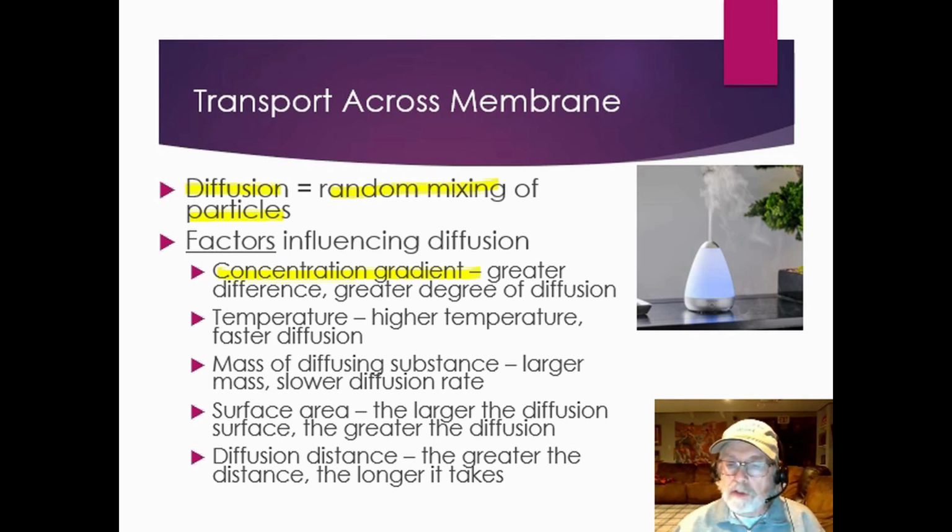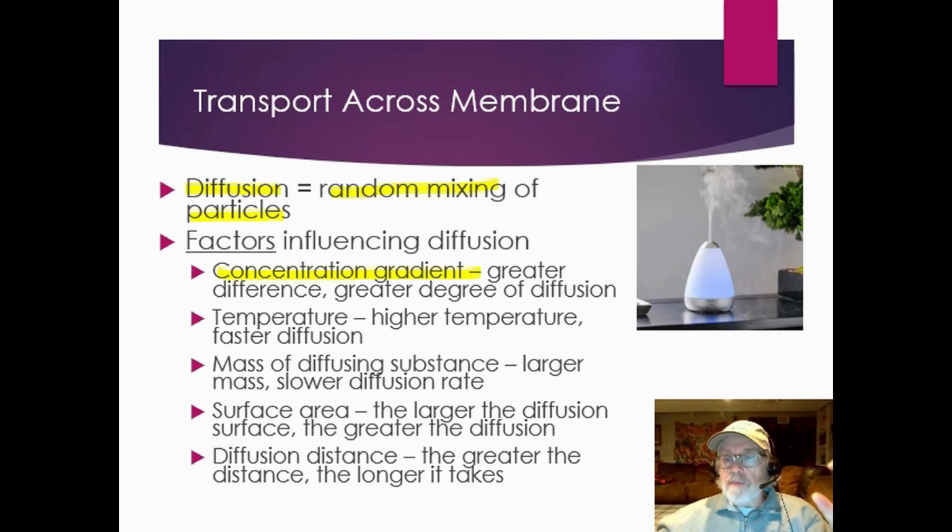It makes sense. If I have more stuff on one side, I'm going to give more to make it equalize out. More of the stuff is going to go from the areas where there's a higher concentration to an area that's lower concentration. So the greater the difference of concentration, the greater the degree of diffusion. Let's say I have one particle on one side and 9 particles on the other side, and I want it to be balanced. I'm going to want 5 and 5 on each side, because 1 plus 9 is 10.